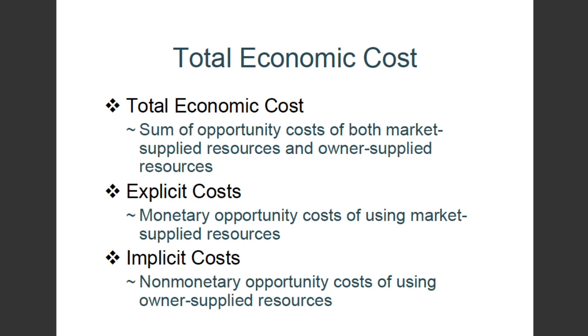We're going to speak of the monetary opportunity cost of using market supplied resources, so the cost that we incur for hiring staff, for supplies, for any kind of transportation costs of those supplies, and for equipment, as explicit costs. But implicit costs are those that are non-monetary. They're perceived, however, as opportunity costs of using the owner-supplied resources.